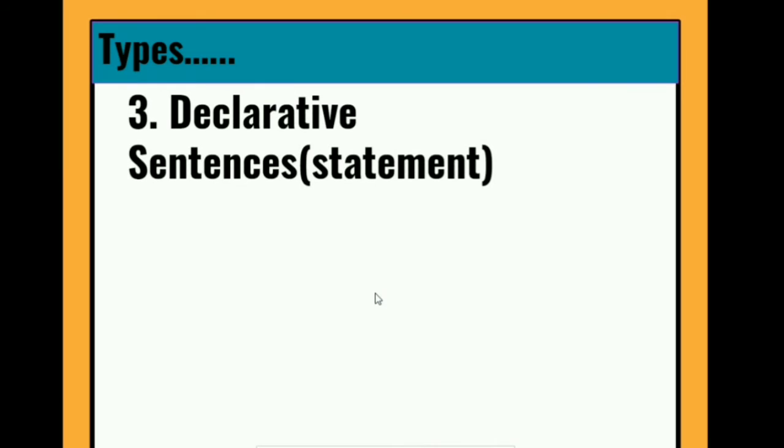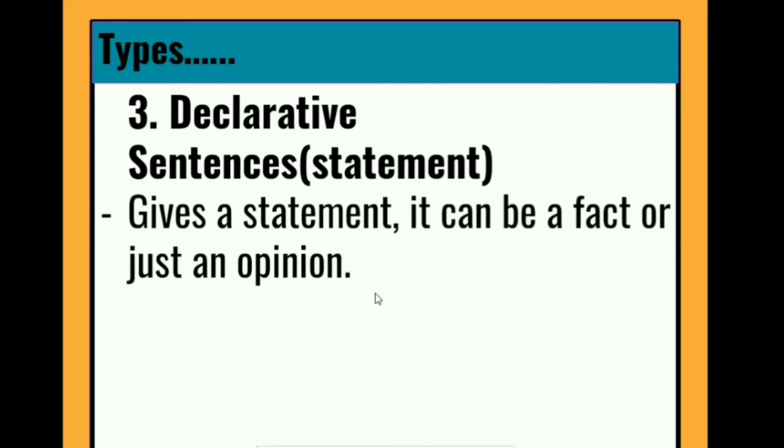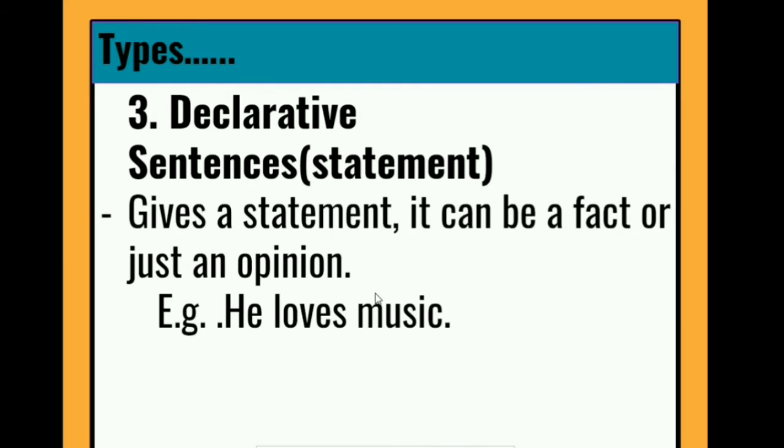Let us take another type. Number 3, we have declarative sentences, or sometimes called statements. This is just a sentence that gives a statement. It can be a fact or just an opinion. For example, he loves music. So this is just a statement, a declarative type of sentence.